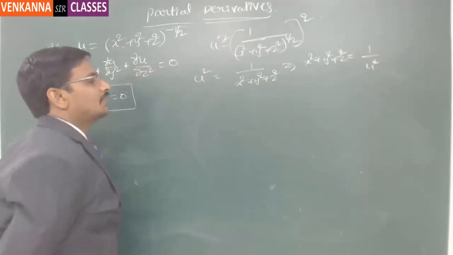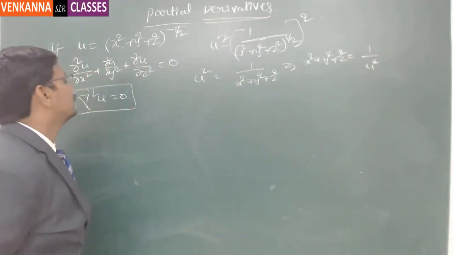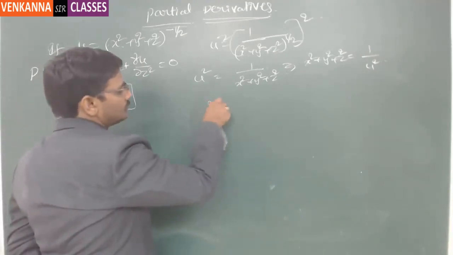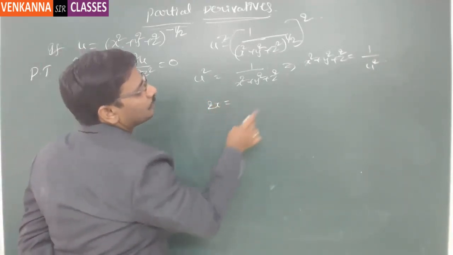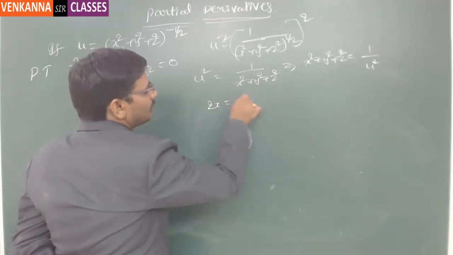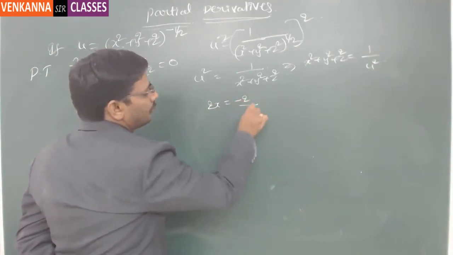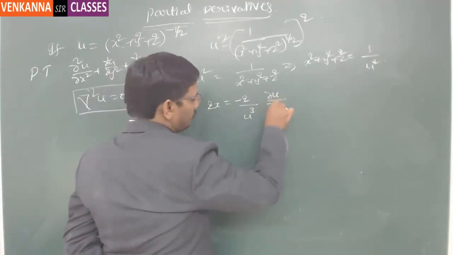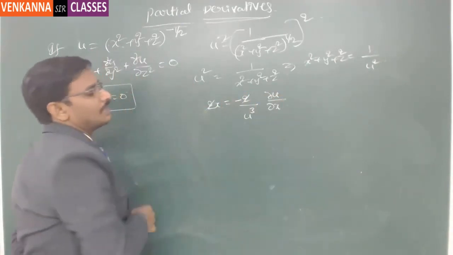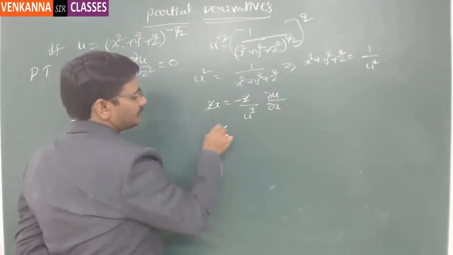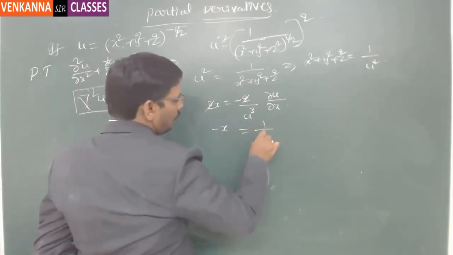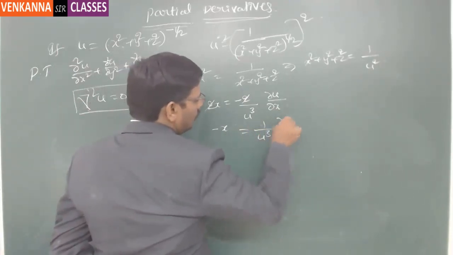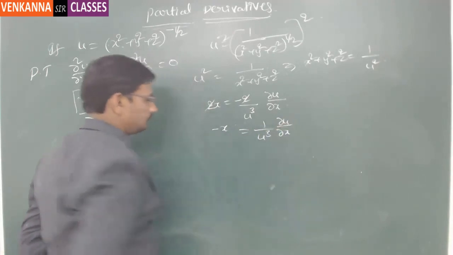Now if you take the derivative with respect to x on either side, then this will be 2x equal to minus 2 into u power minus 3 into dou u by dou x. So this 2 will cancel. Then minus x is equal to 1 by u cube into dou u by dou x.